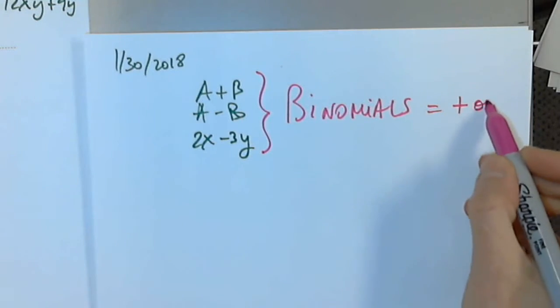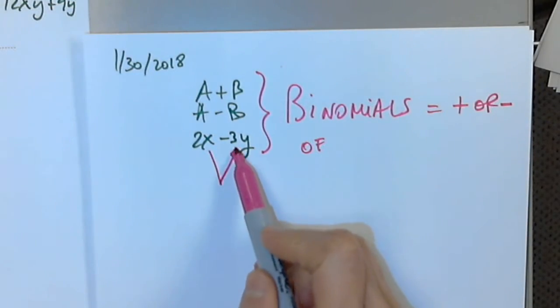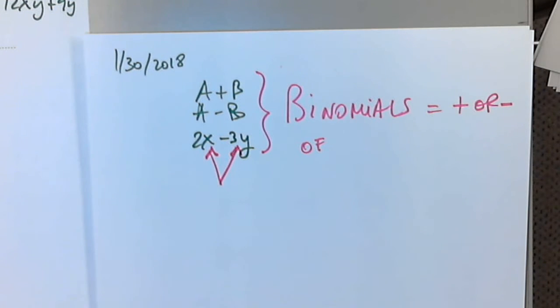This is very important, this is again terminology. How do we call these two? A or B, 2x, 3y, how are they called? Again, this is a key word, a key concept.